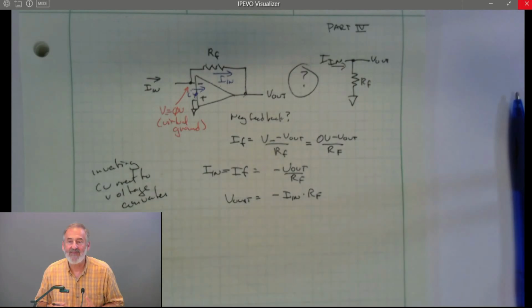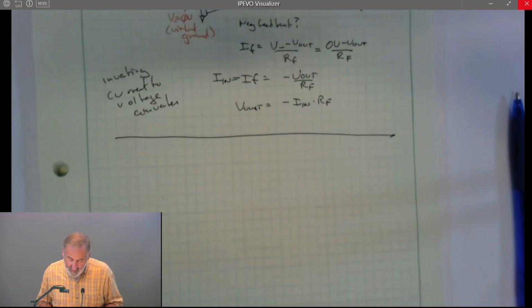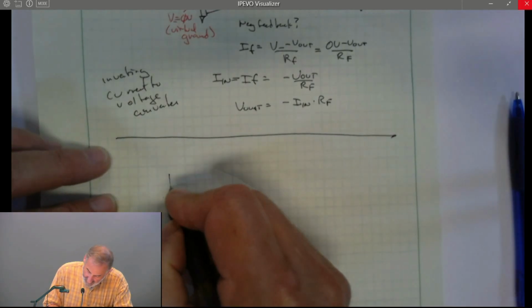So in the same way that our differentiator and integrator were improved by using an op-amp, our current to voltage converter is improved by using an op-amp. This is a nice circuit. Let's think about where we might want to use this. Well, it turns out we have a whole class of sensors that output current. Most of our photo devices that are sensitive to light are current devices.